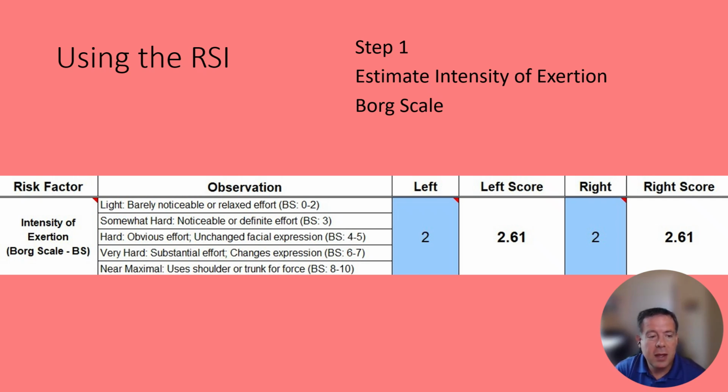When the students actually evaluated this, they said it was pretty light putting on this bottle cap for the whole duration, so a 2 on both right and left side.